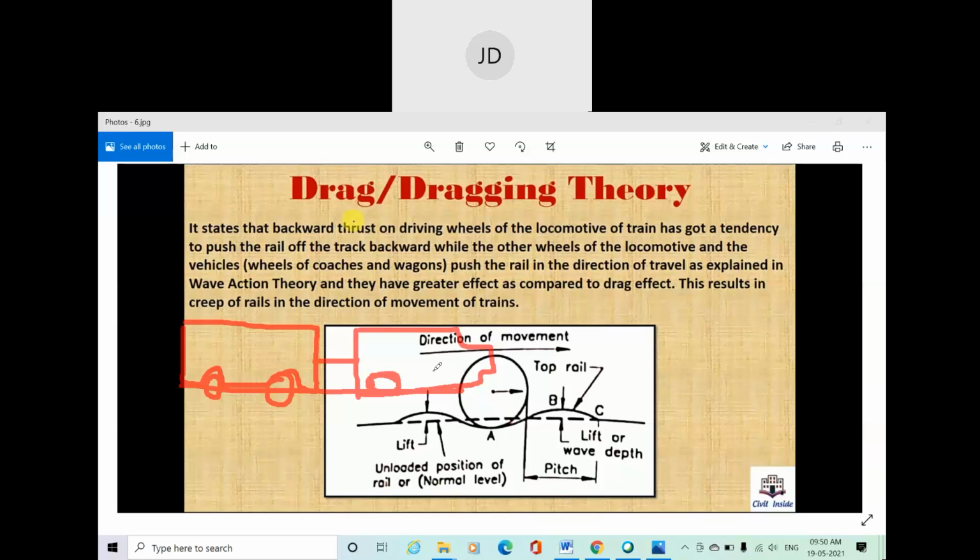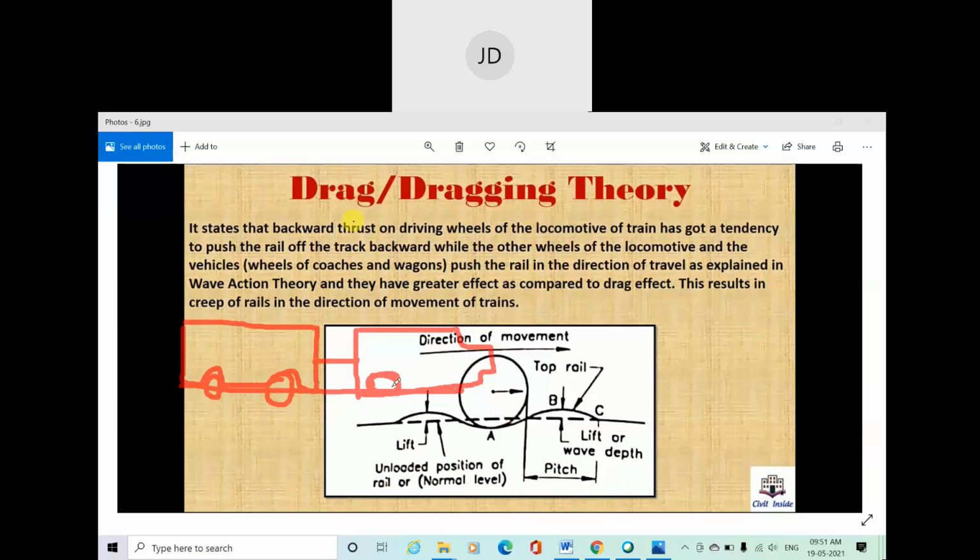So the driving wheels are considered powered wheels and the others are unpowered wheels. If I go back to the wave theory, creep due to wave action applies to all the wheels, but the drag theory is basically for the driving wheels.